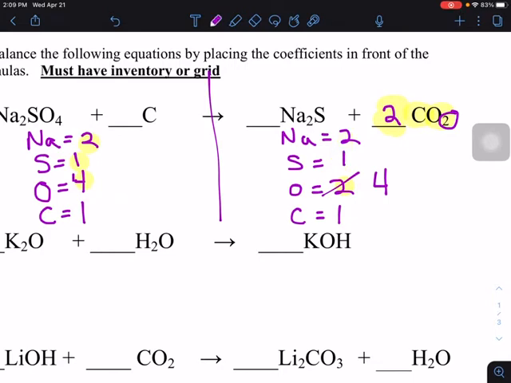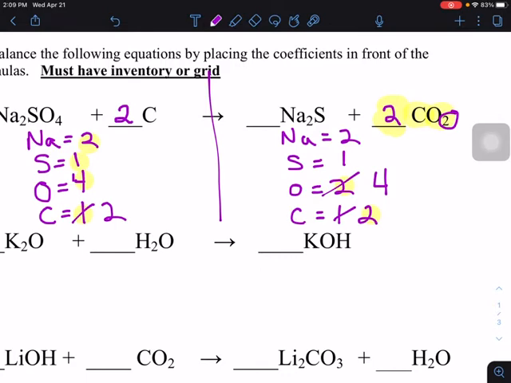It changed the carbon from a 1 to a 2. Now the carbon has 2 in the products and 1 in the reactants. You always want to save the singles, the symbols that are by themselves, like carbon right here, because it makes it very easy. I can change the carbon to 2 on this side without changing anything else, and that makes it balanced.